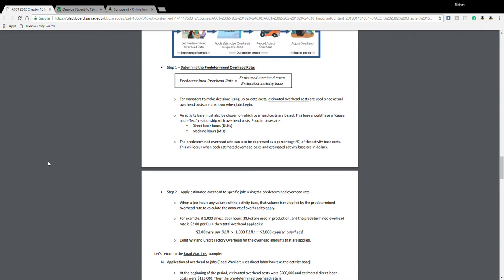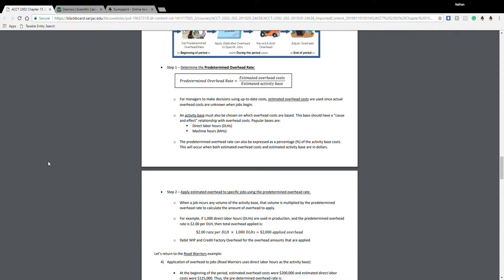Step 2, we're going to apply the estimated overhead to specific jobs using that predetermined overhead rate. Now, when a job incurs any volume of the activity base, the volume is actually multiplied by the predetermined overhead rate, to calculate the amount of overhead to apply.